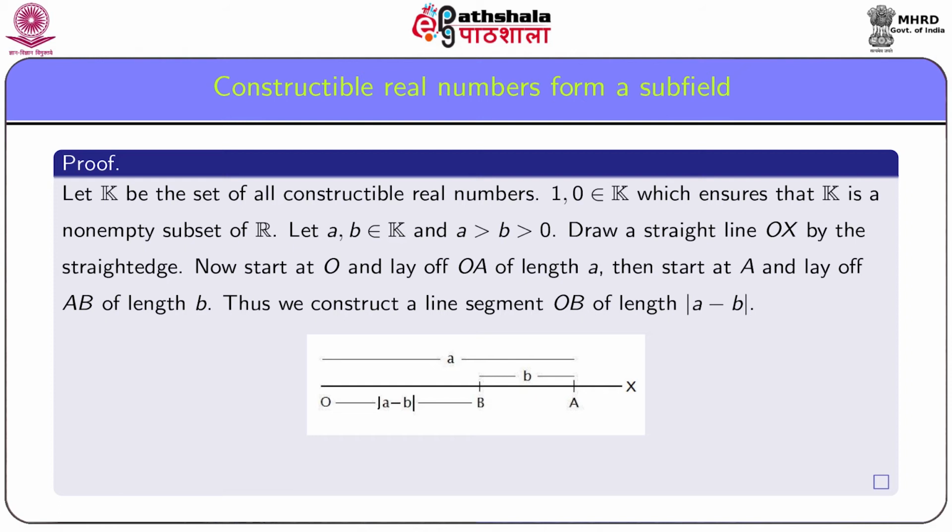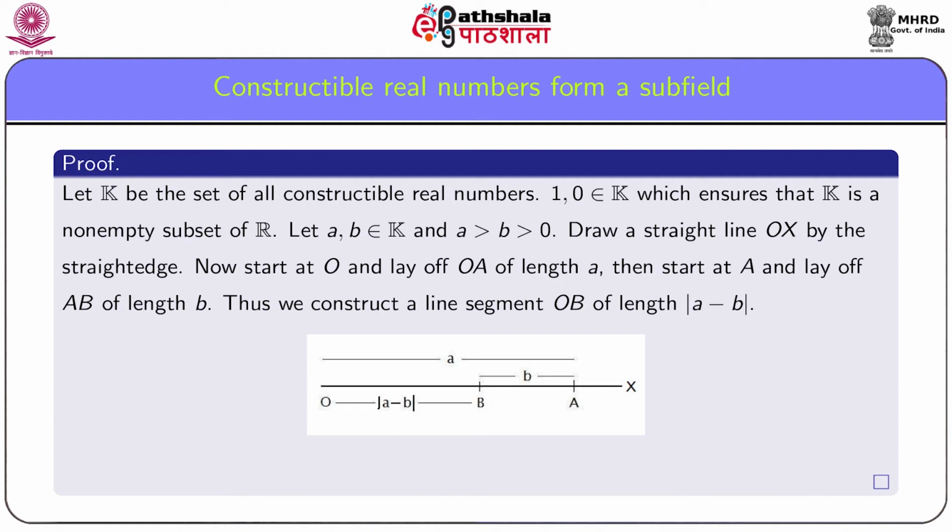Consider two elements A and B from K and assume that both A and B are positive. Draw a straight line OX by the straight edge. Now start at O and lay off OA of length A. Then start at A and lay off AB of length B as shown in the figure.